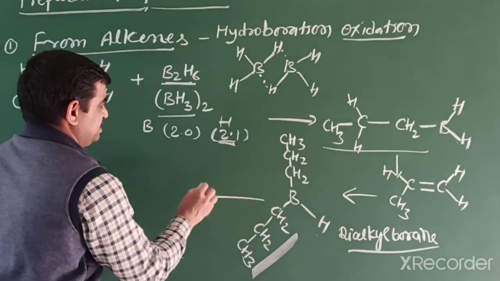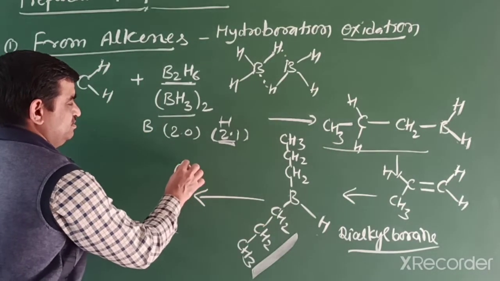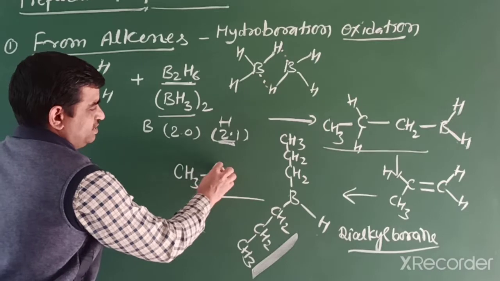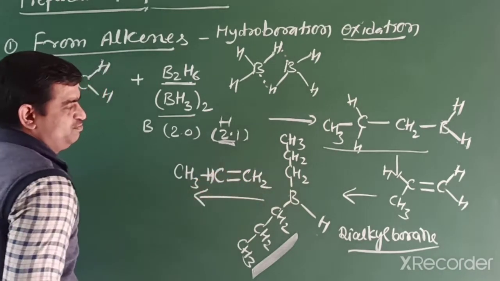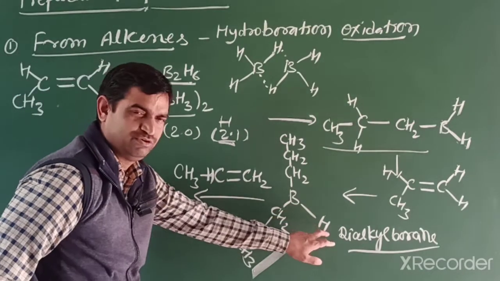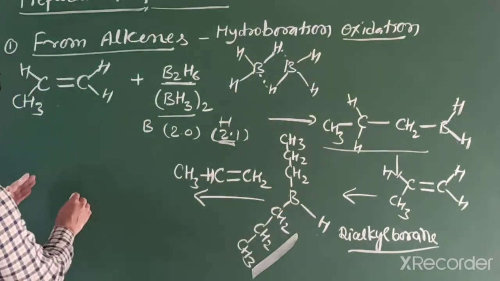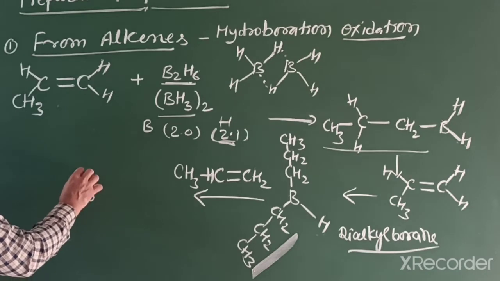So it further reacts with 1 mole of alkene, that is propene. Again this boron hydrogen bond dissociates and we get trialkyl borane.